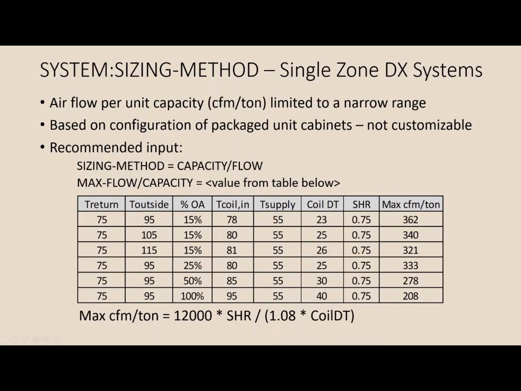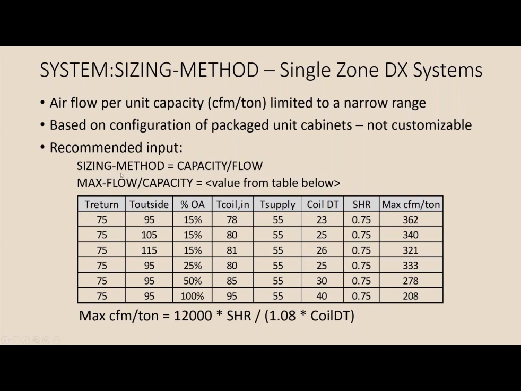However, in a single zone DX system, where you're buying manufactured units off the shelf, there tends to be a narrower range of possible CFM per ton, and that idea led to a different sizing method for DX systems.